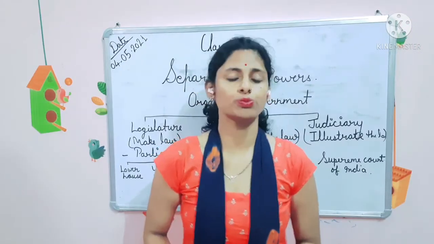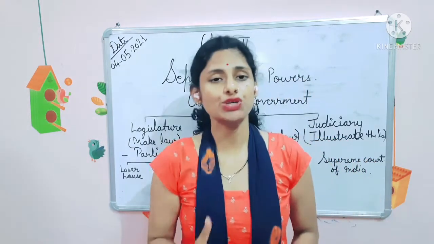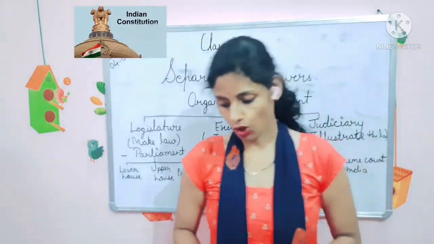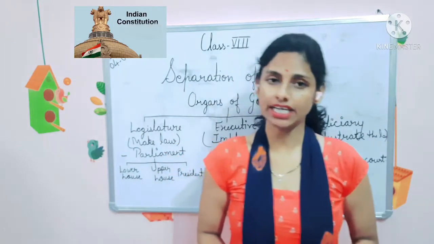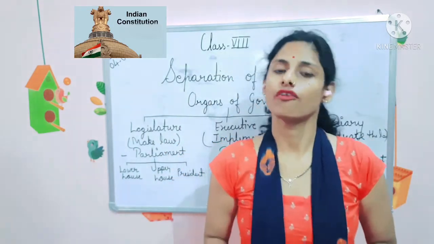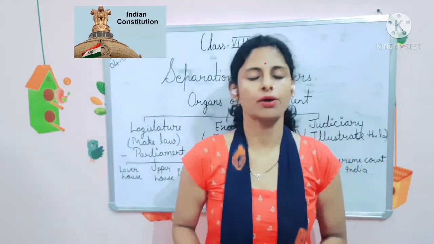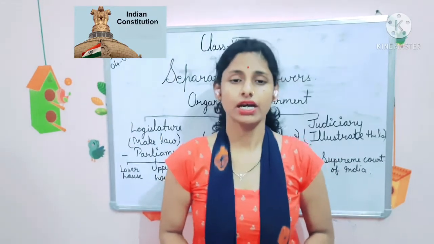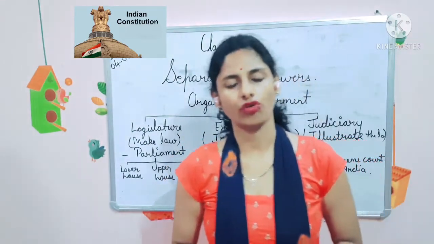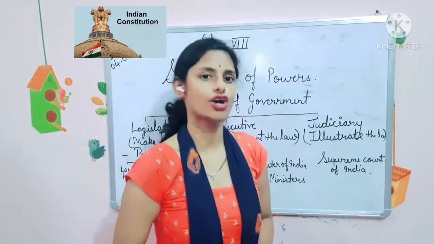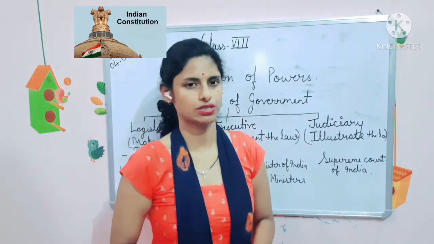So, in order to prevent the misuse of power, our Constitution says that each of these organs will have their different powers. Alright, now we will discuss our next key feature of the Indian Constitution.